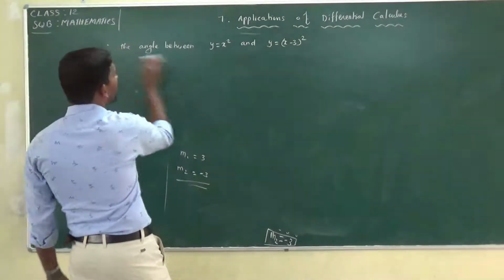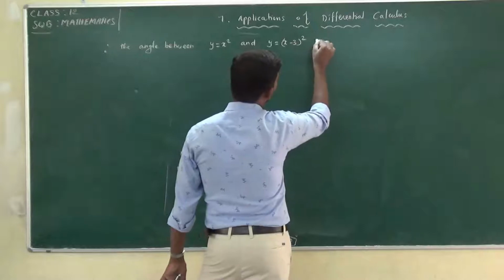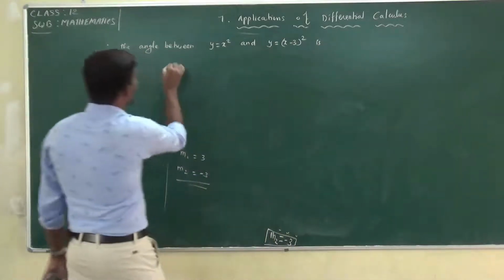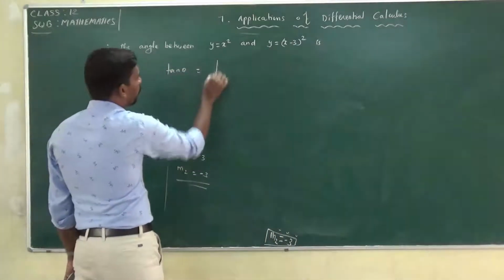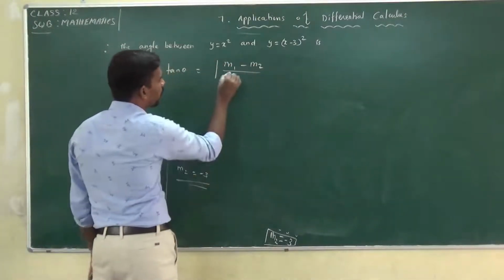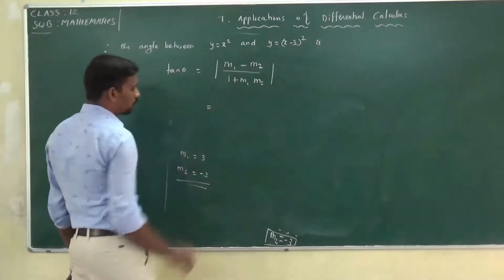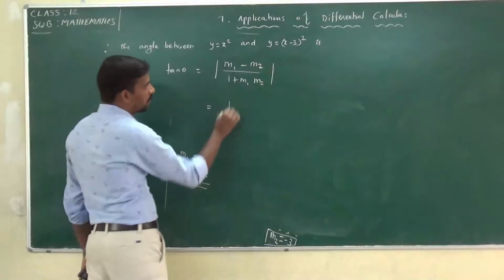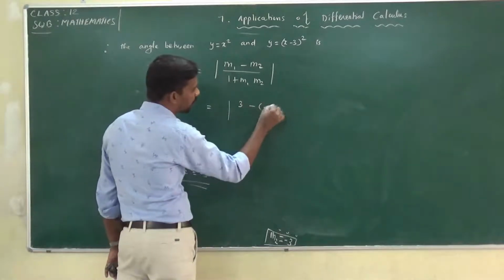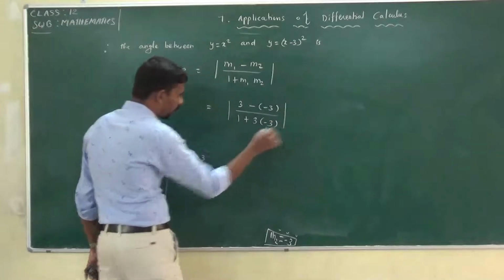Therefore, the angle between y is equal to x square and y is equal to x minus 3 the whole square is given by tan theta, which is equal to modulus of m1 minus m2 divided by 1 plus m1 into m2. What is the value of m1? 3. So plus 3 minus of minus 3 divided by 1 plus 3 into minus 3.